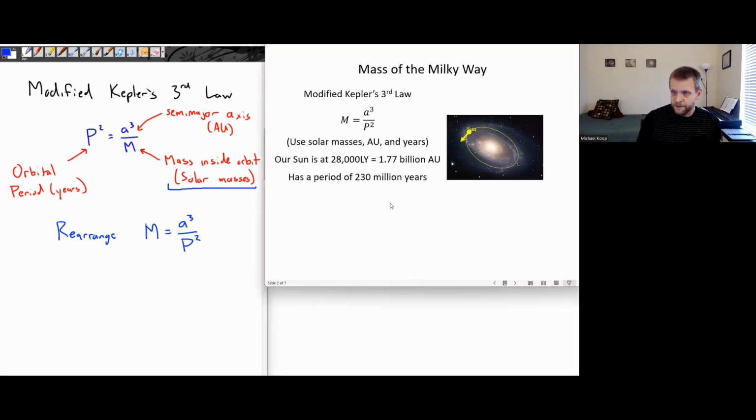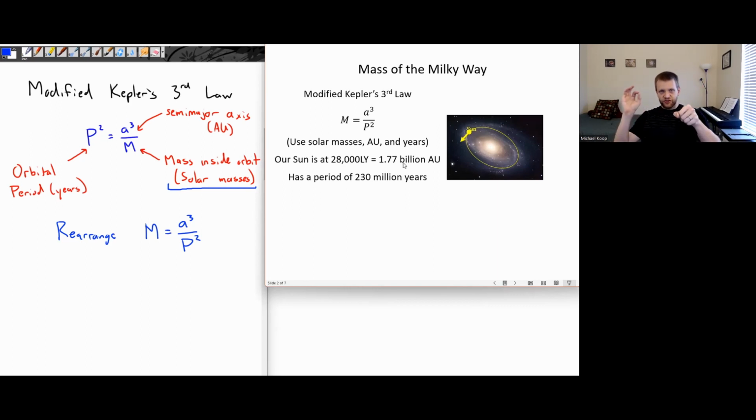So if we look at the motion of our sun, we know our sun is approximately 28,000 light years from the center of our galaxy. This is not actually the Milky Way galaxy. We can't get images like this of our own Milky Way galaxy because we are inside of the Milky Way galaxy. But just as a comparison, our sun is orbiting at a distance of around 28,000 light years, which is about 1.77 billion astronomical units.